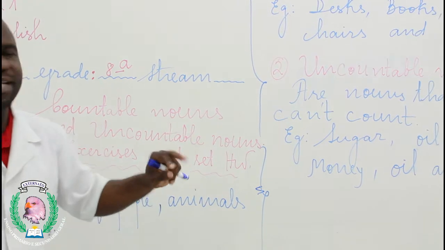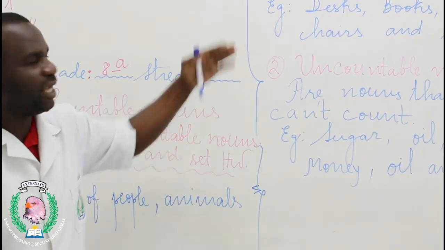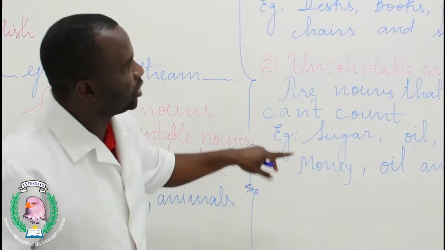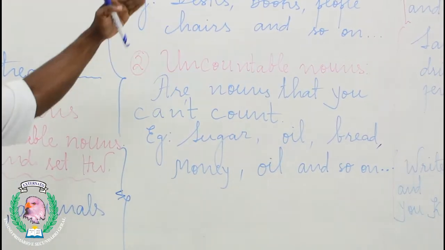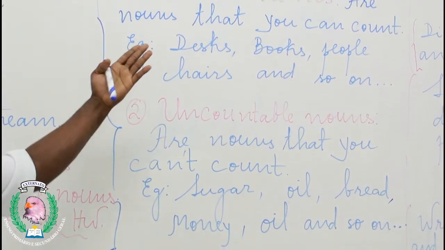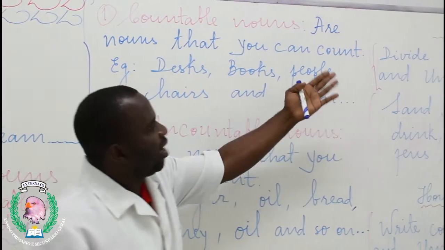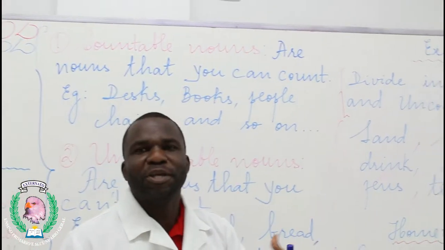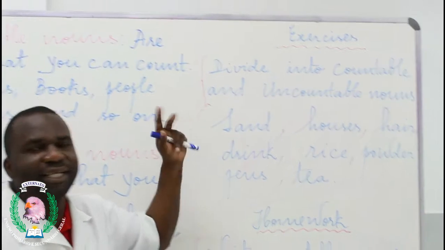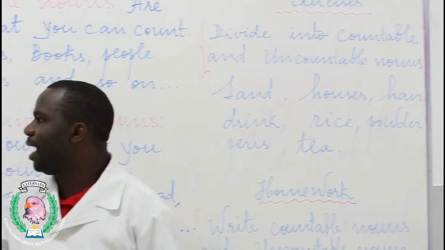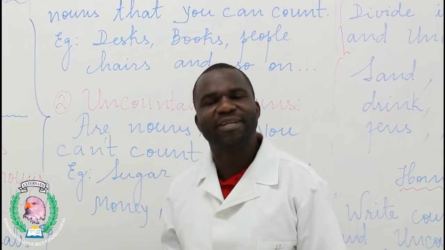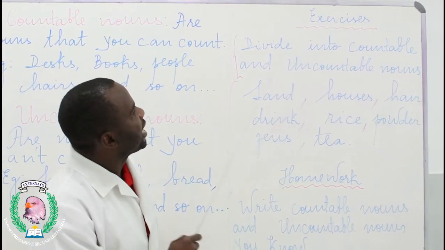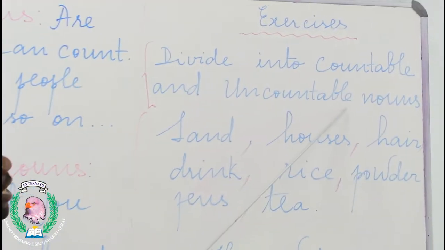I'm pretty sure that you understand the difference between countable and uncountable nouns. The objective is to divide nouns into 2 groups, countable and uncountable. We have here an exercise. With this exercise, you are going to show if you understood the lesson about countable and uncountable nouns.